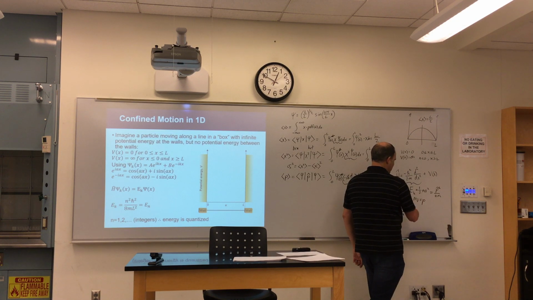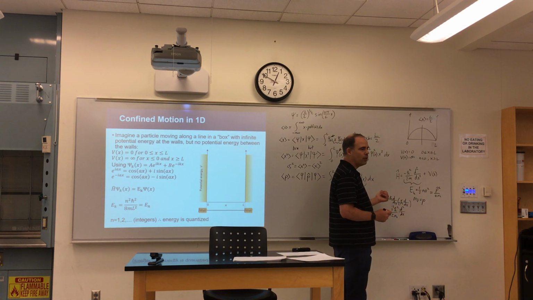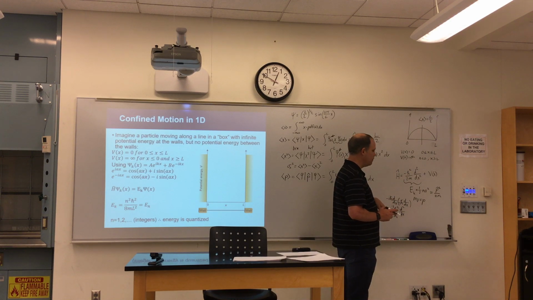You're dividing the whole thing by 2m, so that would be over 2m. Because you have the i squared, that's a minus 1, and so that's how you get this. d squared over dx squared, yeah.